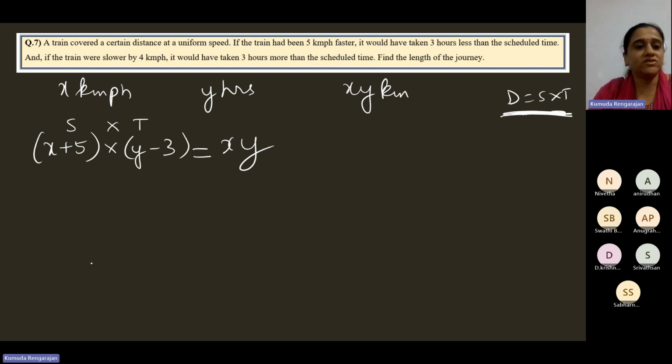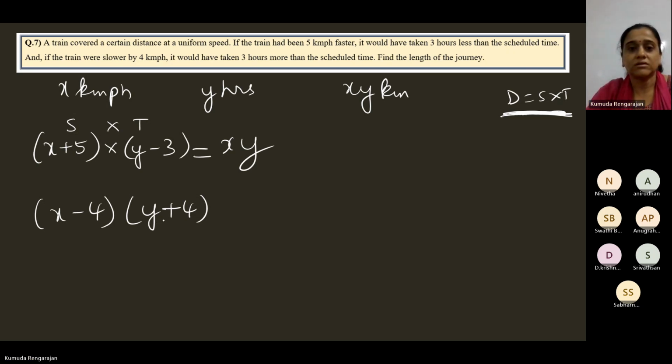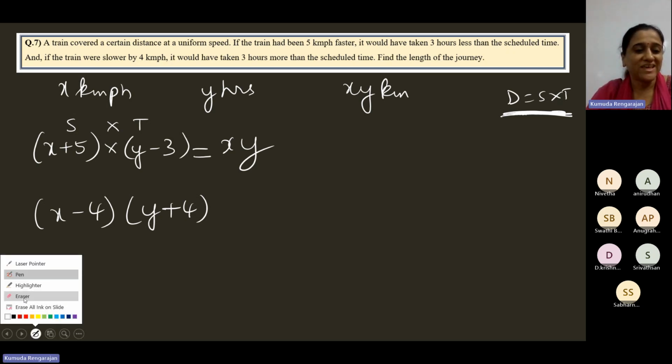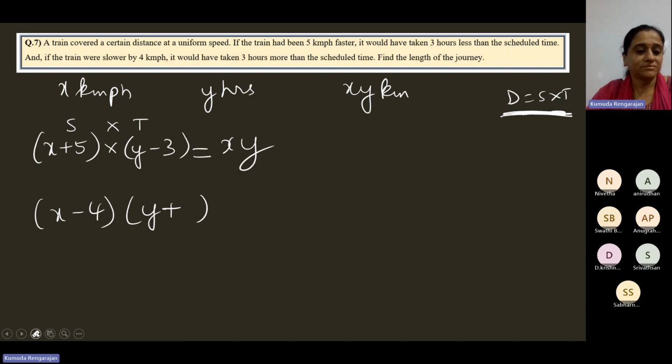Second case: if the train were slower by 4 kilometers per hour, speed is x minus 4. It would have taken 3 hours more. New time is y plus, original time y, so y plus 3. Sorry, y plus 3.